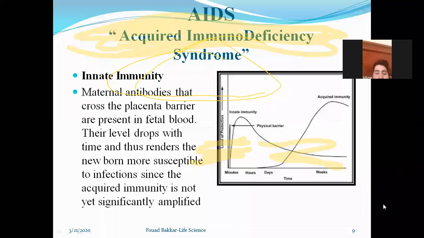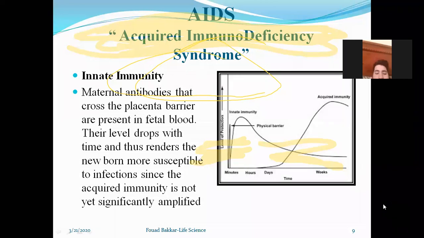One is called innate and one is called acquired. When I say innate immunity, I mean immunity which is congenital. My mom has been able to give me this immunity through the placental barrier because of the exchange of blood vessels during pregnancy.